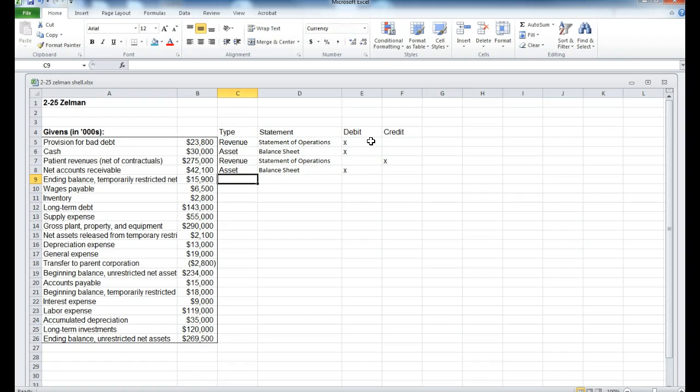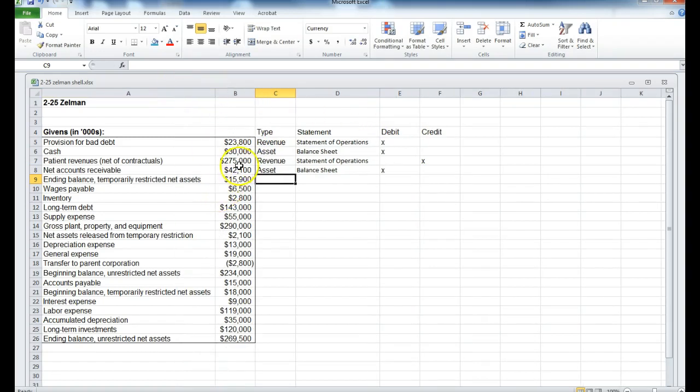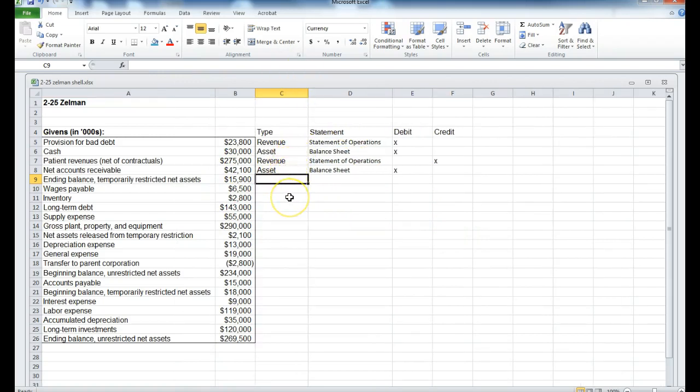Ending balance temporary restricted net assets. So in a not-for-profit entity, we don't have the equity section, or we have the equity section, but it's called something else. It's called net assets. And when we use the term net, we have something less something is net, right? So when we talked about net income, revenue less expenses is net income.